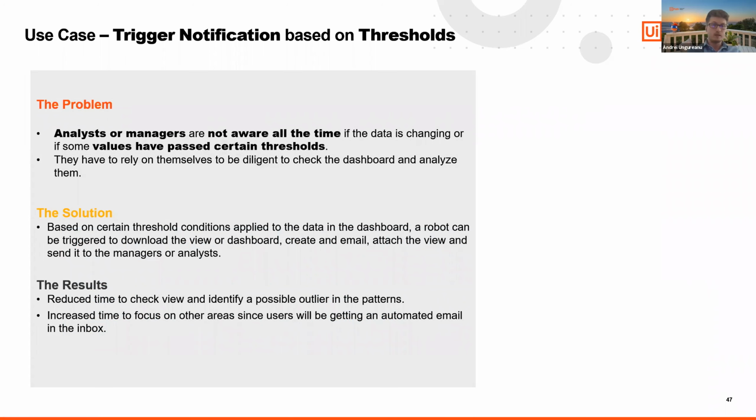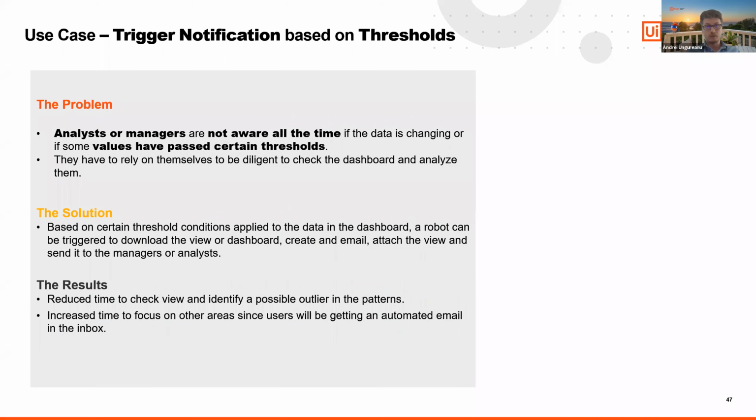So yeah, as I mentioned, for this one, the main pain point is that not all the time people can be aware that some values have changed, and they have to be diligent in order to go to Tableau from time to time and check the numbers.